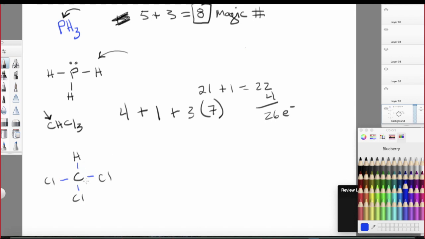All right, and then we place the remaining electrons on the external atoms. Remember, we cannot touch the hydrogen, because it can't have more than 2 electrons next to it, and those 2 electrons are already here.